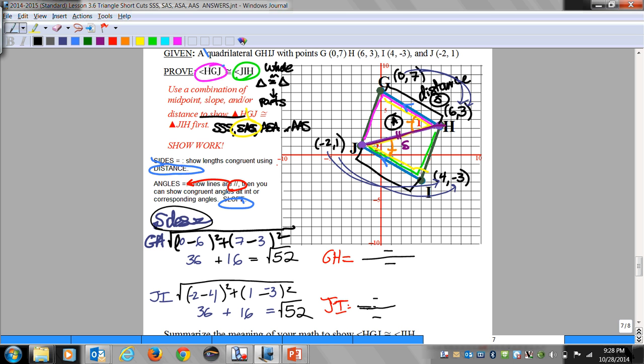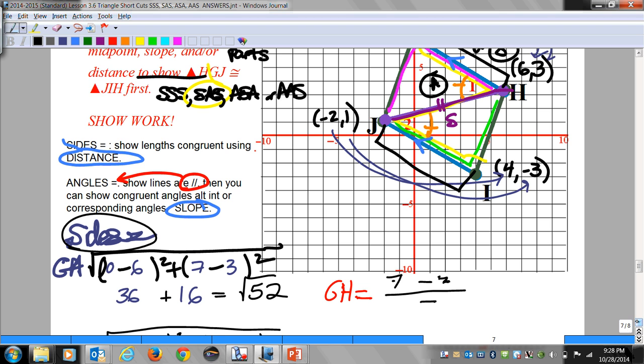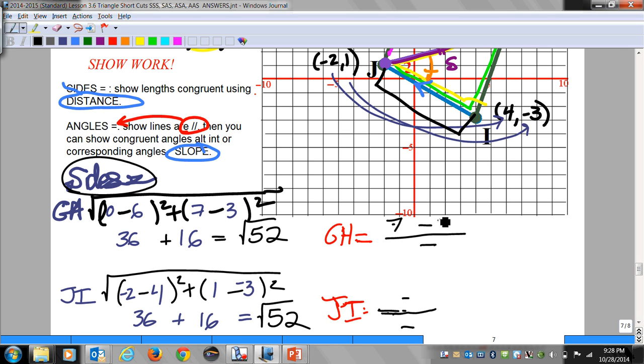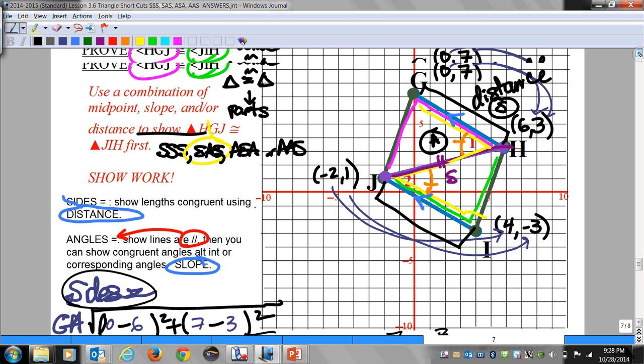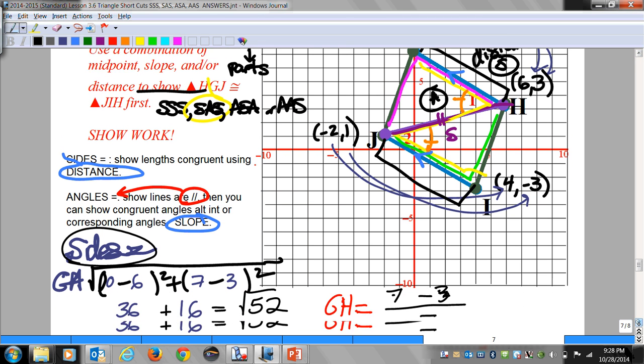For GH, I'm going to do y minus y, so that's 7 minus 3 over 0 minus 6.